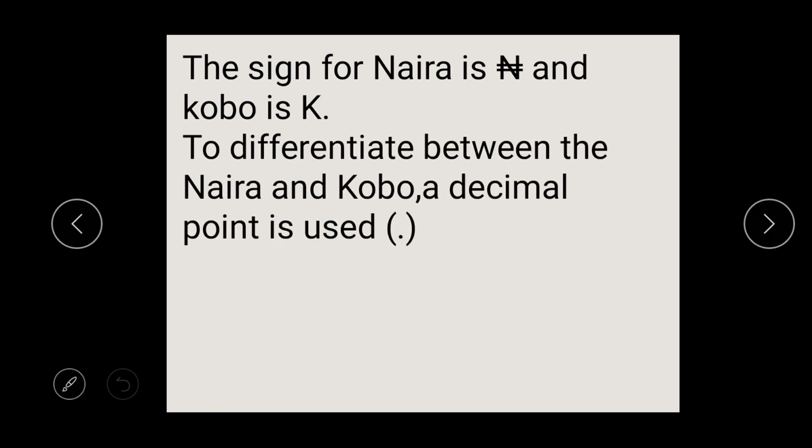Now, remember our Naira sign, which is our N, and you put two strokes, and the Kobo sign, just K. And you remember that we said to differentiate between the Naira and the Kobo, you need to put your decimal point, or what we call just your dots.